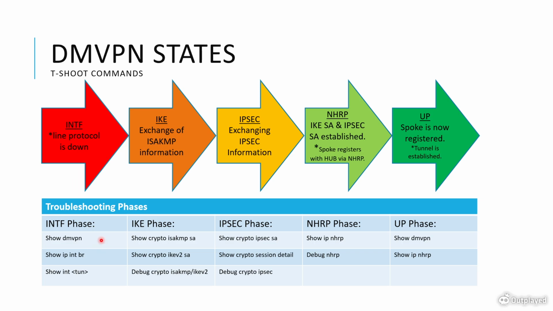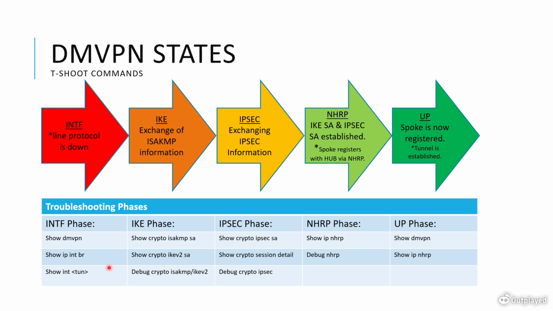Some troubleshooting things that you can shoot for as far as commands, you can do a show dmvpn to confirm it's INTF, then show ip interface brief on that interface to find out if something's wrong with that line protocol or if something's wrong with your tunnel. So you do your show interface tunnel and double check all your configurations and make sure you have pingability and routability in your underlay network.